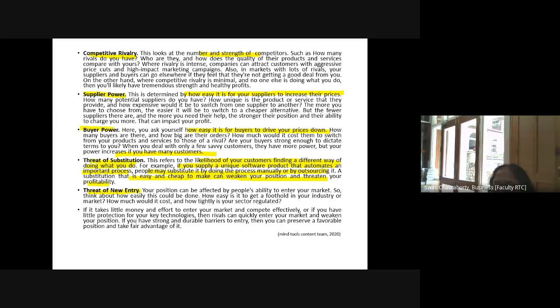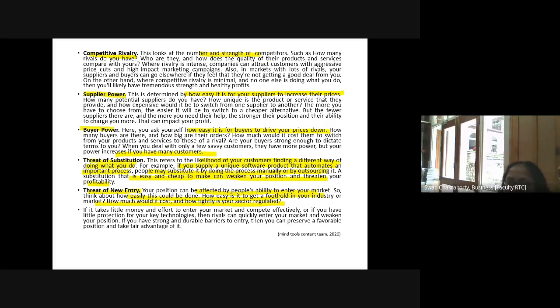Threat of new entry. Your position can also be affected by people's ability to enter the market. So you need to think about how easily this can be done, how easy it is to get a foothold in your industry or market, how much it would cost, and how tightly your sector is regulated.